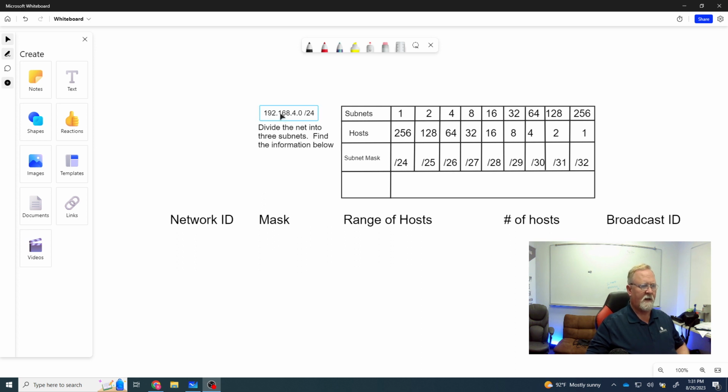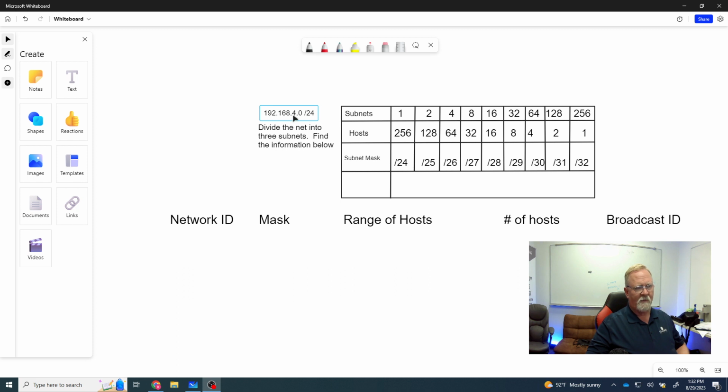In this case, the original network ID is 192.168.4.0/24. That gives us the network ID, the lowest possible IP address in the network, and the subnet mask in CIDR notation. CIDR notation is a /24, 25, 26.